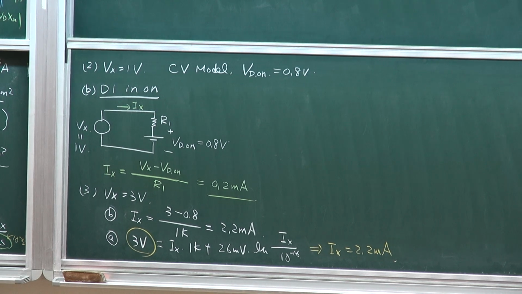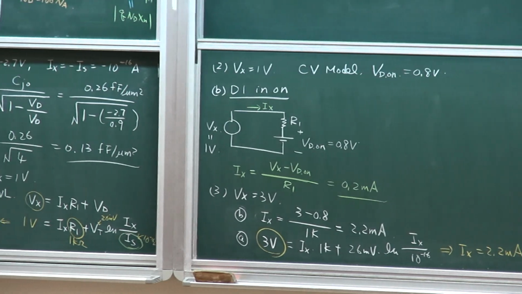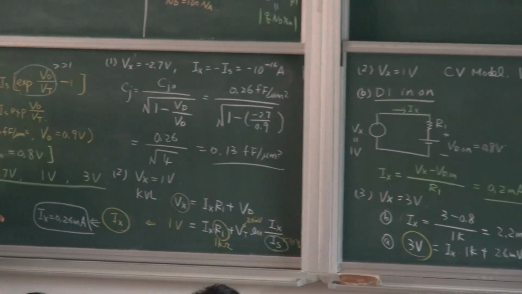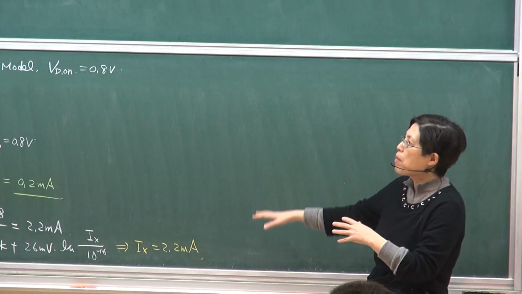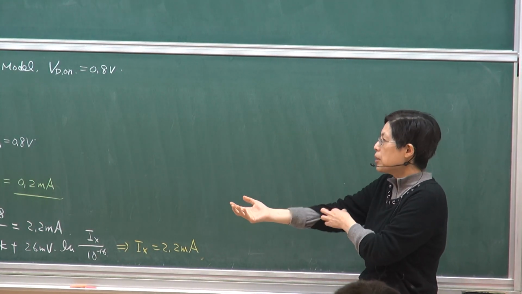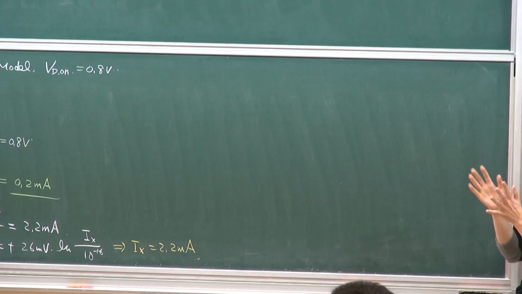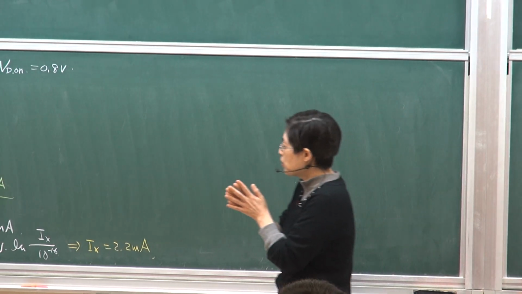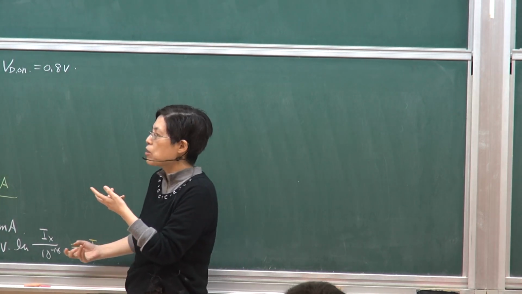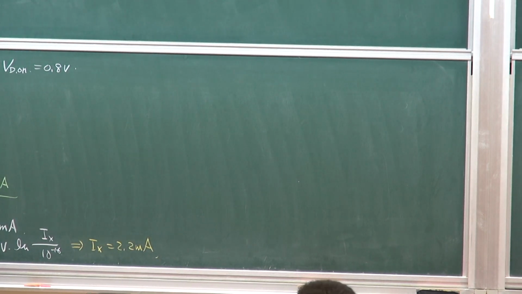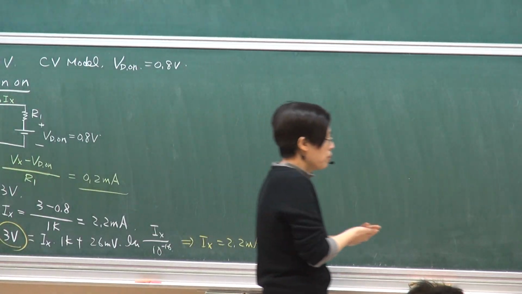But in the future, every time you use a model, you have to understand there's a level of tolerance. Different types of models and what they imply. But I'm just going to tell you that for diode circuits, for chapter 3, we're not going to use this model very often. It's probably in chapter 2 you will use the exponential model. In chapter 3, we're probably going to just stay with the constant voltage model in most cases.